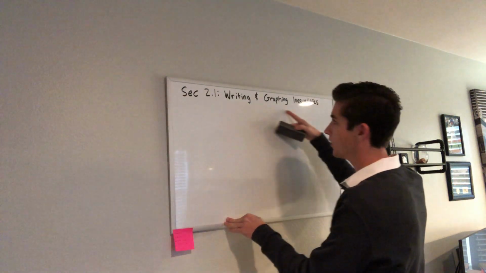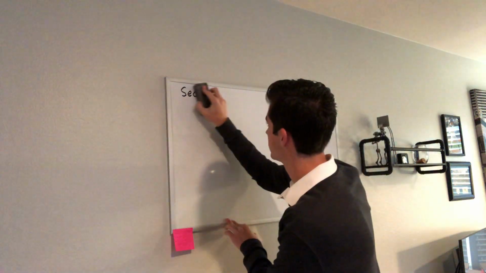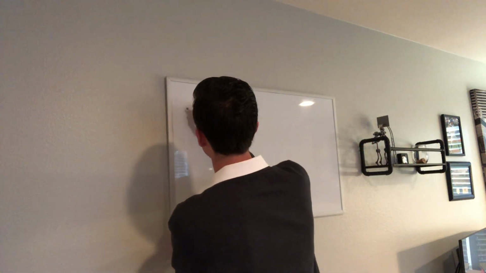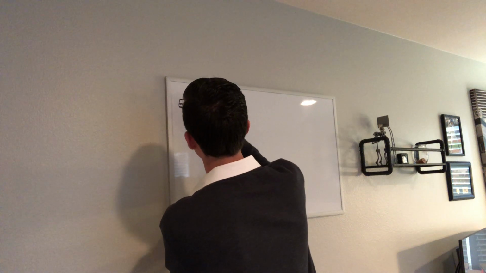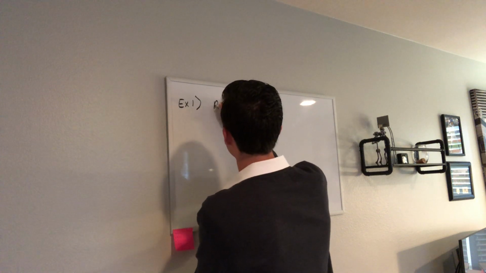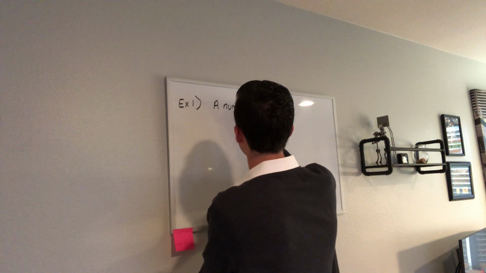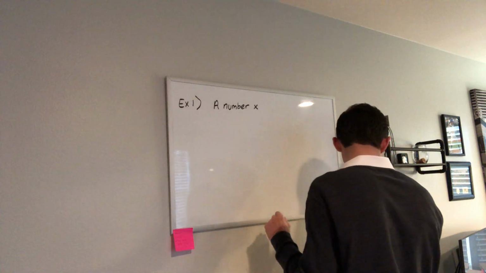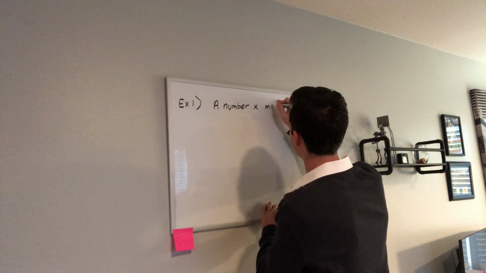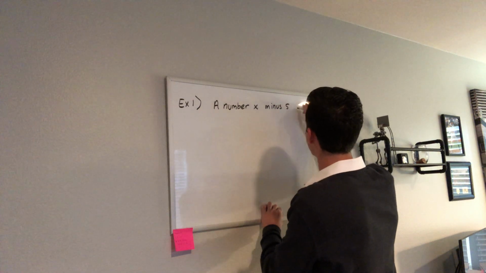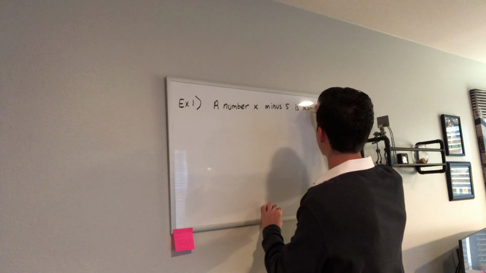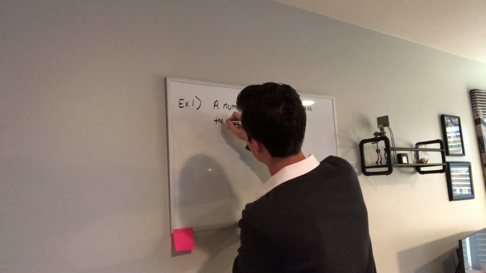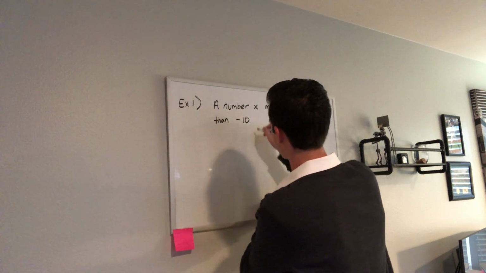Remember, this is 2.1, writing and graphing inequalities. So, a number x minus 5 is less than negative 10.